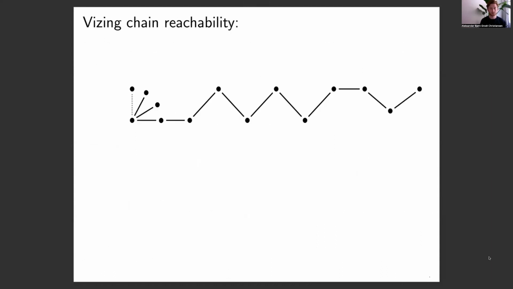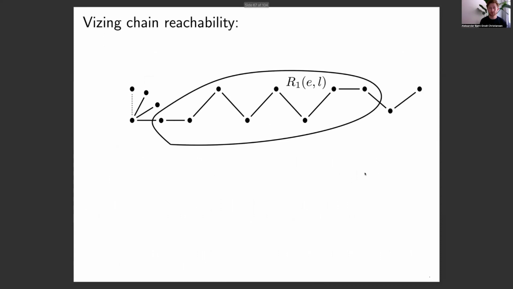All right. Another important concept is that of Vizing chain reachability. Suppose we fix some uncolored edge e and we fix some length L, meaning that we are only going to consider things that we can reach through a bichromatic path of length at most L. We're not going to consider things that sit further away from the initial edge. All of the vertices that we can reach by swapping colors this way, we say belong to a set R1.